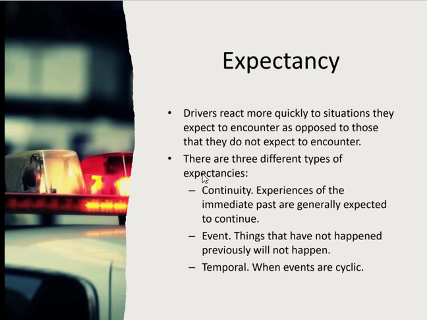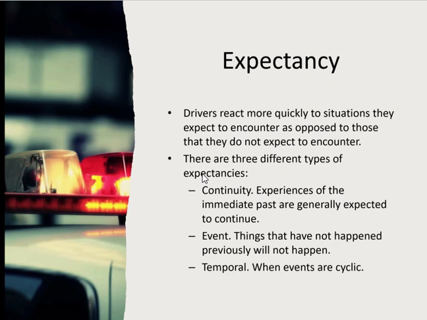I am expecting things to change according to the same pattern I have seen earlier. I am not expecting that I will always go fast on this road, or always have a traffic jam. I am expecting both, but at different times.